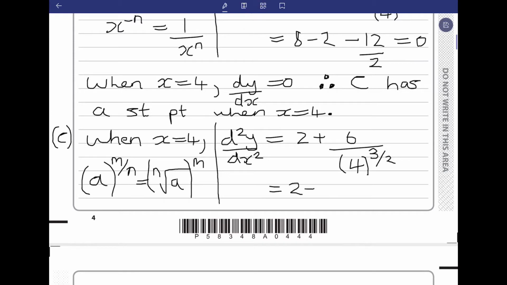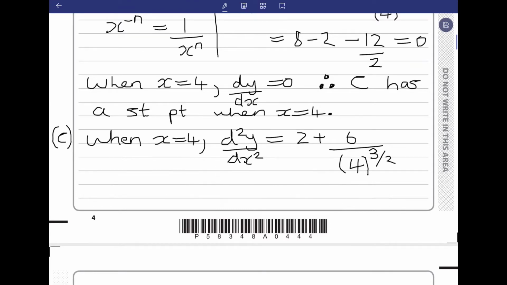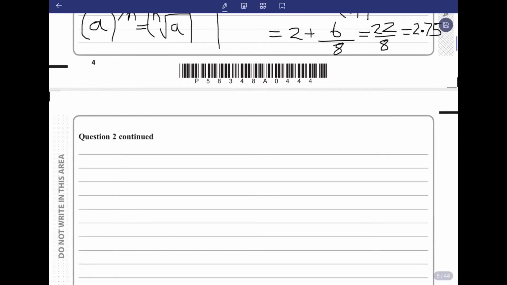We get 2 plus 6 over the square root of 4, which is 2, cubed is 8. If we change the 2 so it has a denominator 8, that's 16 over 8, it's 22 over 8, which equals 2.75.